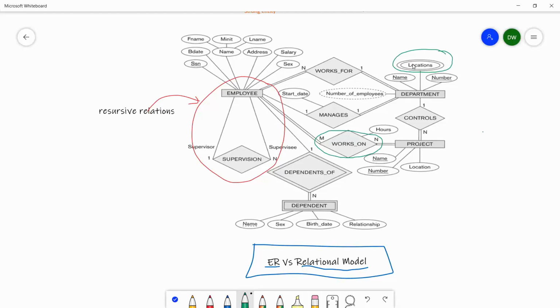The entity related to location should be attached to department, and the entity you create for work zone should be attached between employee and project. So that's all I wanted to discuss with you today. If you have any problems, it's time to raise them.